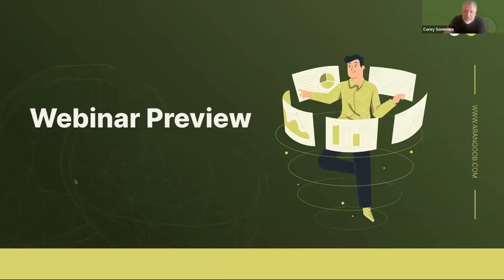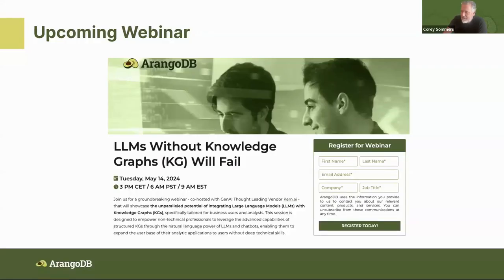We do have an exciting webinar coming up, another webinar. We saw a little bit of the LLM map to knowledge graphs here, though in this case, not really leveraging the graph RAG. This is really what this webinar is about, graph RAG, partnering with Kern AI, a leading vendor in this space, utilizing ArangoDB underneath for its architecture. And so we're going to showcase how this works, why you need a knowledge graph behind the LLM, how it supercharges that LLM.